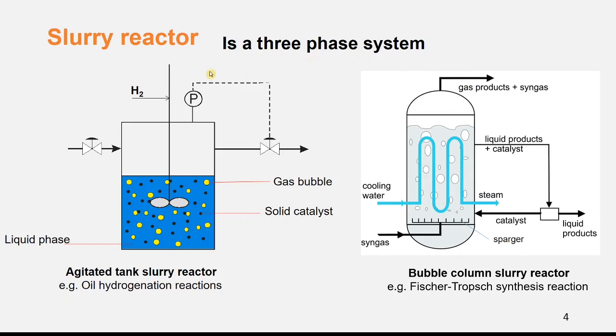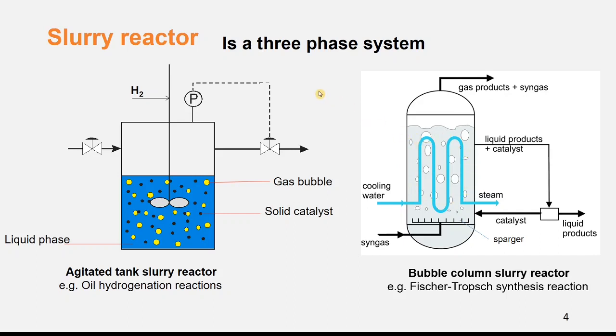In the stirred tank slurry reactor, shown on the left, the fluids and catalyst pellets are mixed using an impeller. In the bubble column reactor, gas is sparged into the reactor at the bottom, and the rising bubbles alone cause mixing in the tank. The liquid can also be circulated.